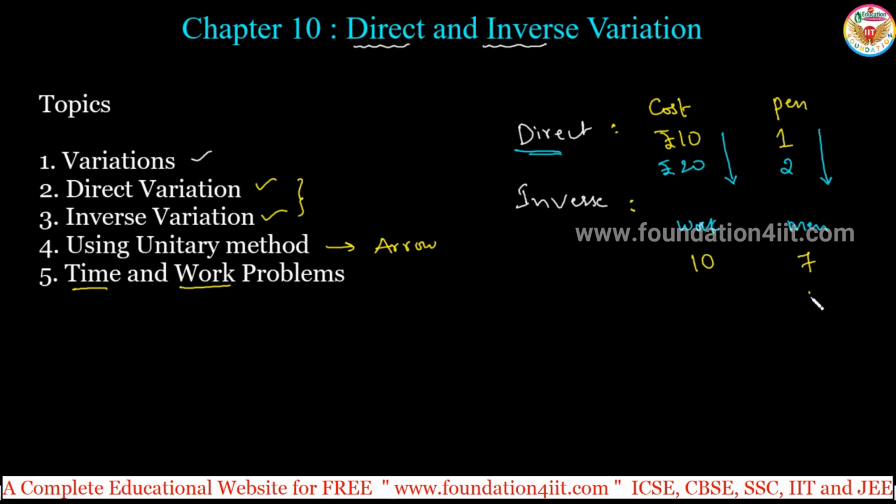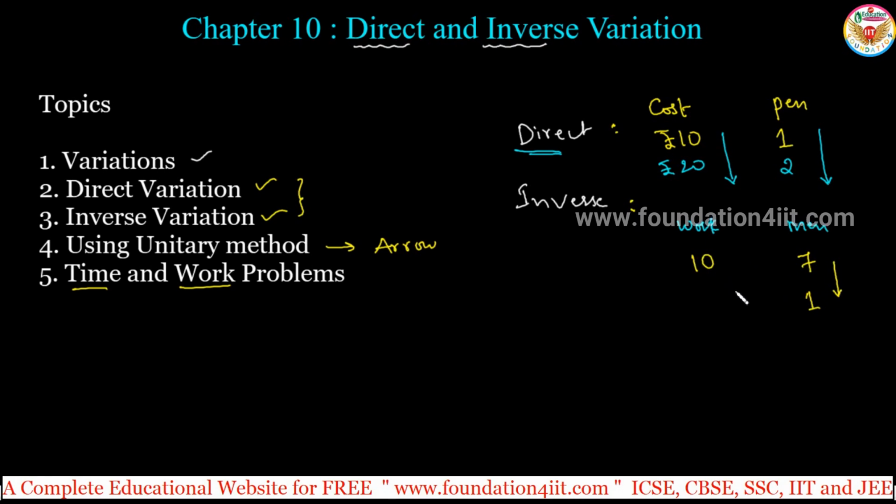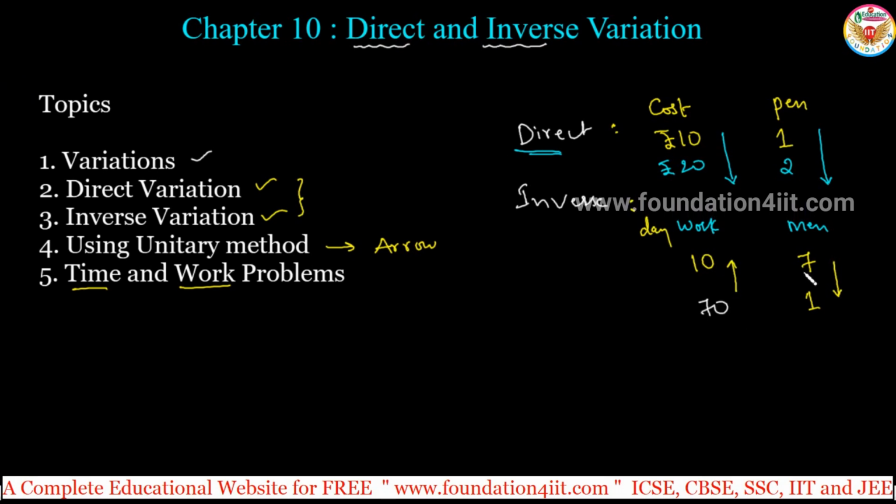If we take only one man, when the number of persons is reduced, the number of days to do this work must be more. It will take around 70 days. 7 men can do the work in 10 days, so only one person can do it in 70 days. So one quantity is reduced, the other quantity is increasing.